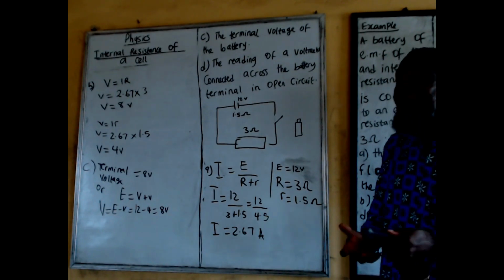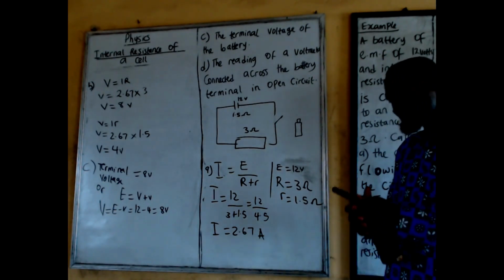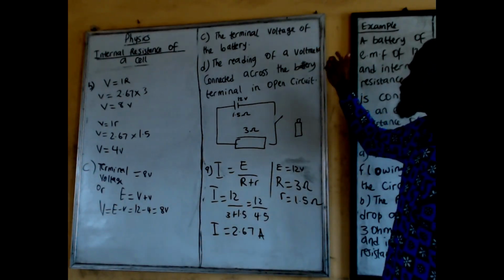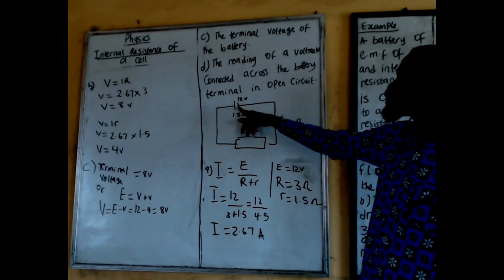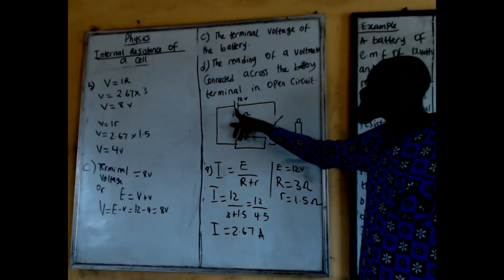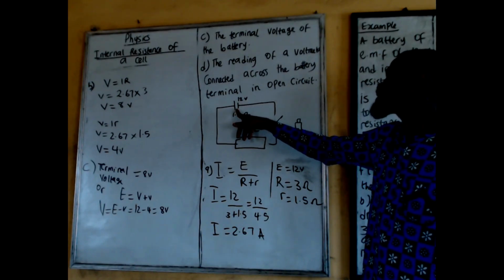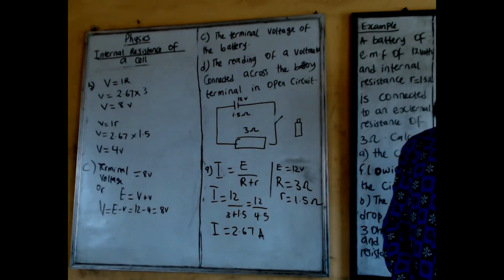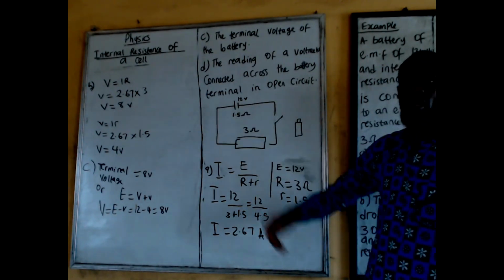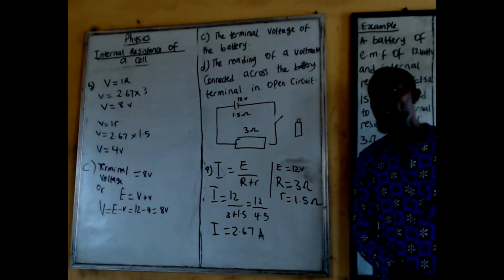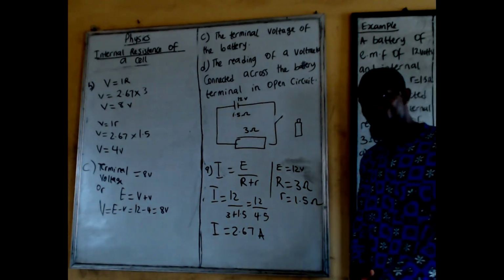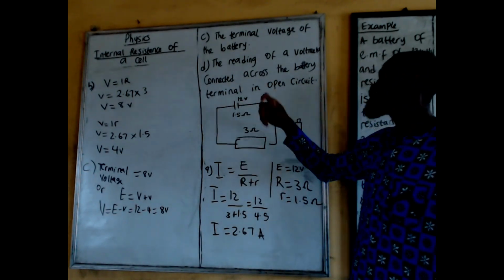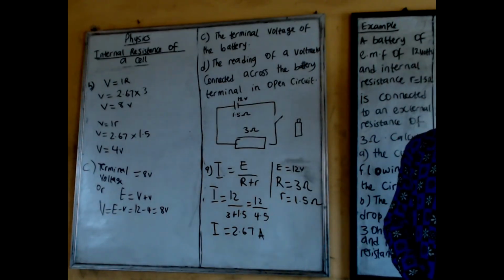Potential difference or EMF, depending on how specific you are. You are using a voltmeter to get a reading of this cell when the circuit is open. Now from your knowledge, what do you think will be the reading of the voltmeter across this cell when it's in an open circuit?